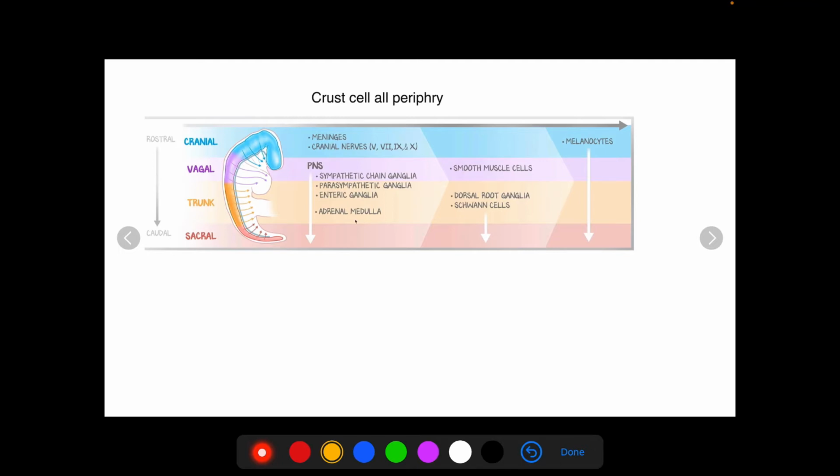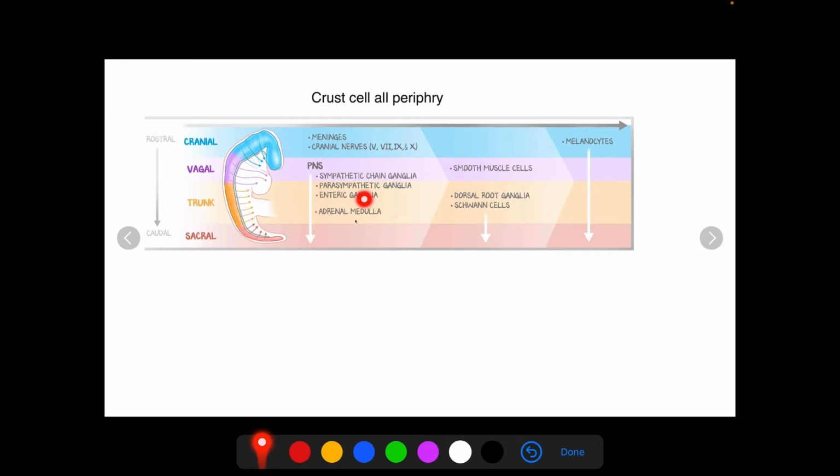We say that the neural crest forms the whole peripheral nervous system. The peripheral nervous system includes the cranial nerves that come out from the brain, and all the peripheral nerves that come out from the spinal cord.